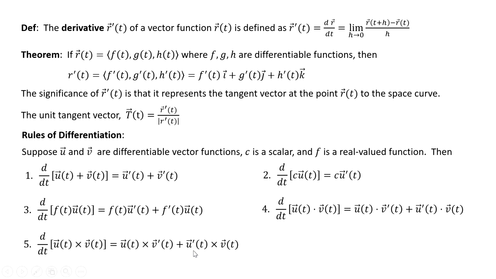Could I say, I don't know, man. Back in calculus 1, we studied first function times the derivative of the second function plus second function times the derivative of the first function. So I'm going to say first function cross the derivative of the second function, plus second function cross the derivative of the first function. Could I swap them?